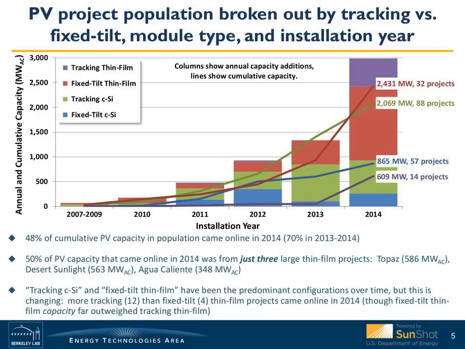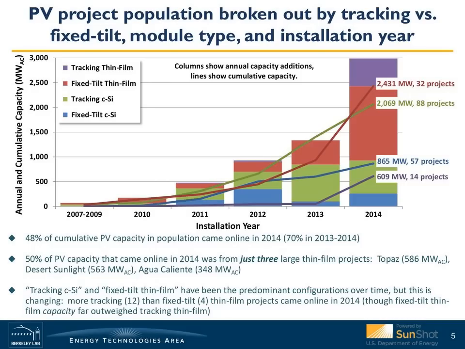Traditionally, we have seen the lower two categories here in these stacks, namely crystalline silicon, dominating most of the market. That has changed now in 2014, where we really have a lot of new thin film additions.